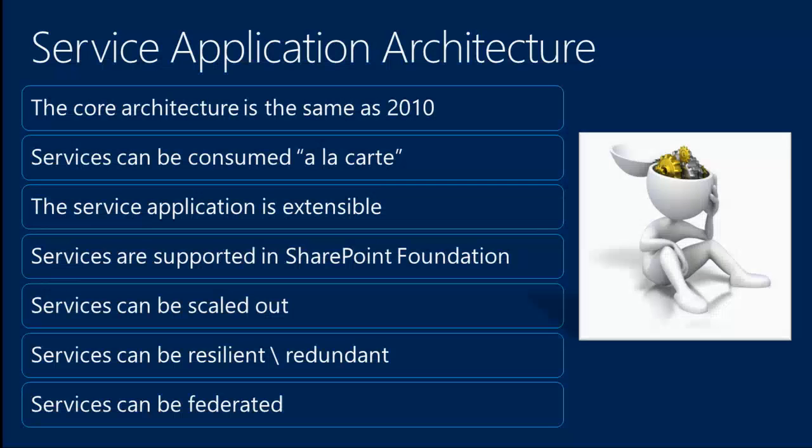Which, for my 2007 friends, right, we had the shared, what was it, the SSP, right? It's been so long, I'm starting to forget what that thing was called. But when we had search, we had BDC, we had Excel Services, and you consumed that, there was no way to manage that out, or to farm out those permissions, or to split services up or put the load on different servers.